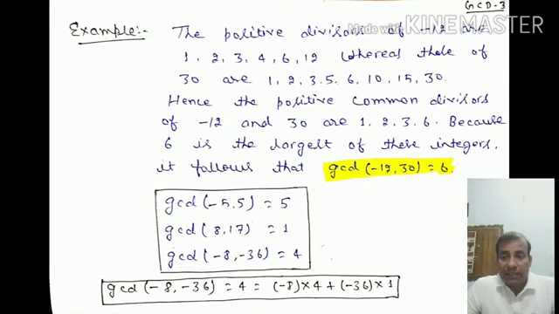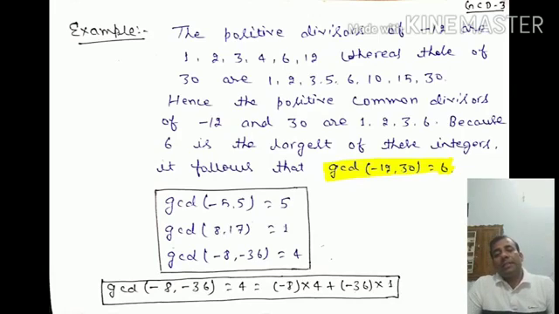Now GCD of -8 and -36 equals 4. This means if we choose the positive divisors of -8, they are 1, 2, 4 and 8. And like this, the positive divisors of -36 are 1, 2, 3, 4, 6, 9, 12, 18, 36. But out of these, the largest common divisor will be 4. So GCD of -8 and -36 equals 4.